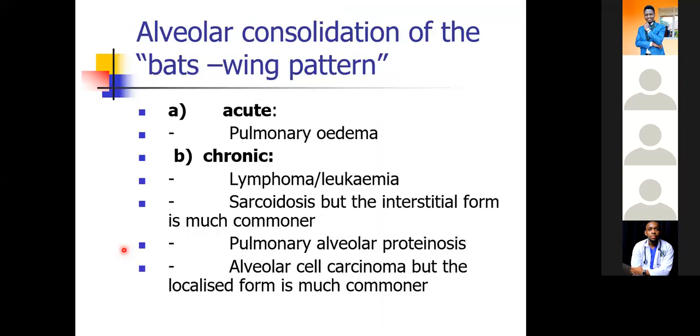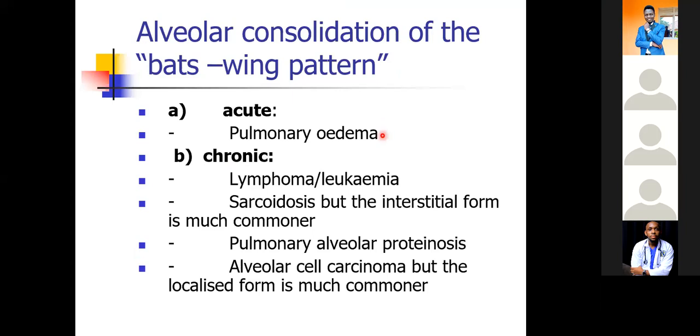What about the bat's wing? When do we most likely see it? If the presentation is acute, we commonly see it in cases of pulmonary edema. But once it is chronic, then our list of differentials becomes longer. Along with this, maybe I can also put PJP among the acute presentations.